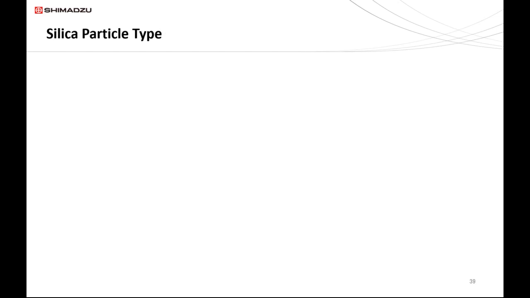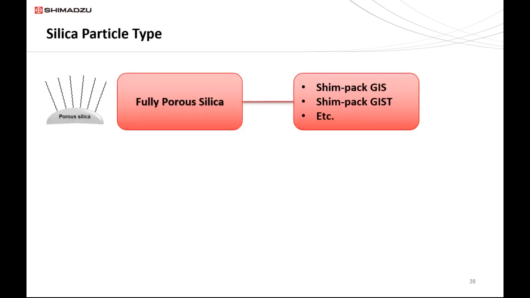Within the class of silica particles, we can further classify them into fully porous silica particles, which includes the columns that we have seen so far, such as the Shimpact GIS and Shimpact GIST columns. They have a longer history, so many applications are based on these types of columns.